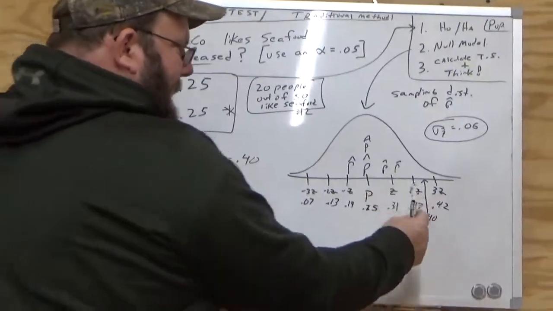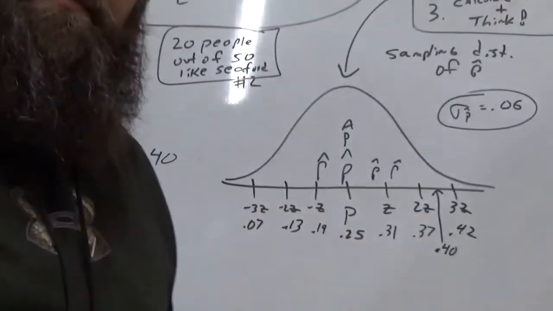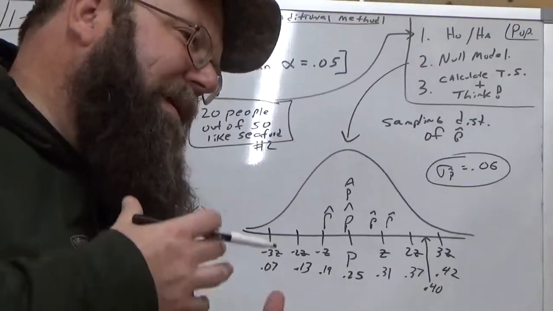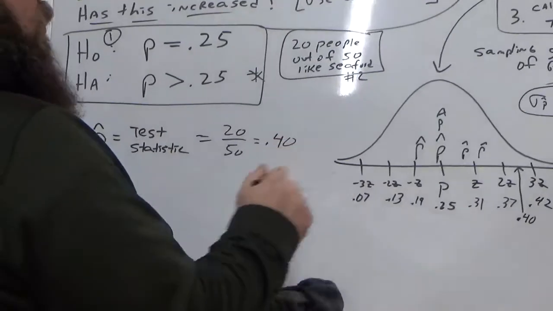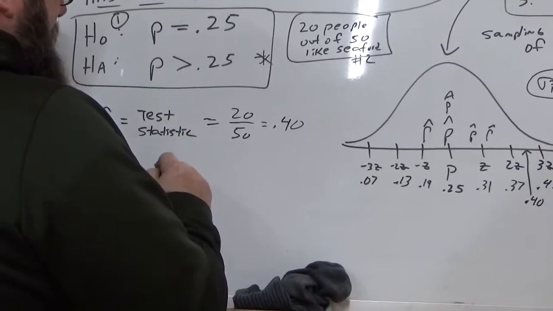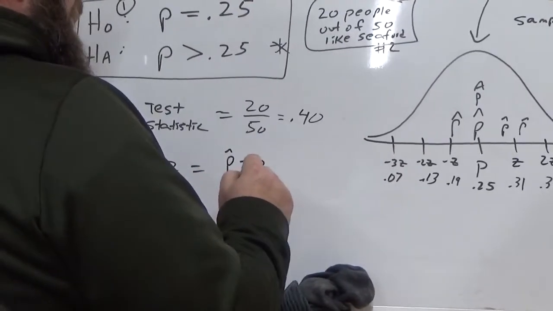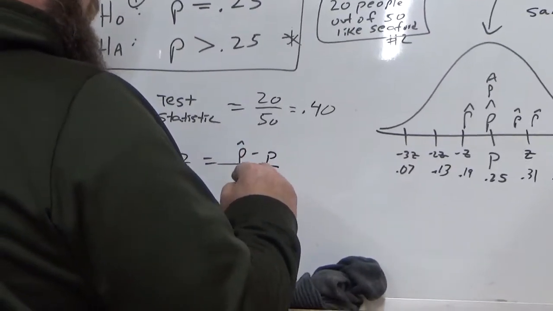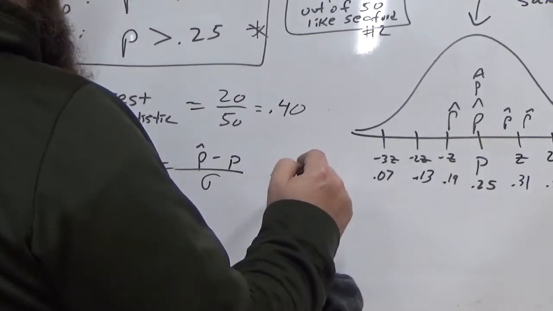Well, look at where we're at. We're between 2 and 3 z-scores. What if we change 0.40 to a z-score so we can look at it as a z-score? How do we calculate a z-score? A z-score is p-hat minus the true p divided by the standard deviation. So p-hat is 0.40. The true p is 0.25.